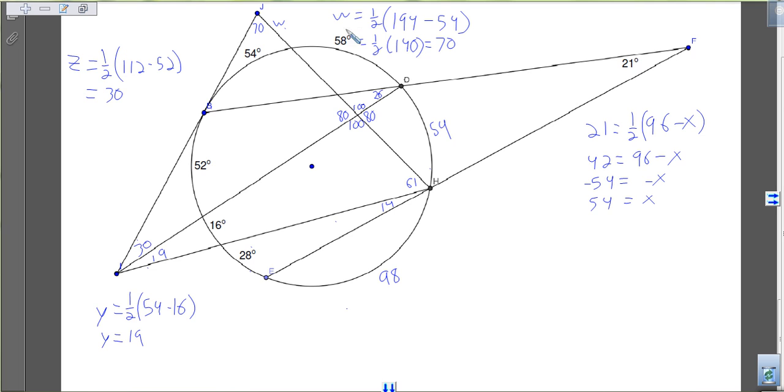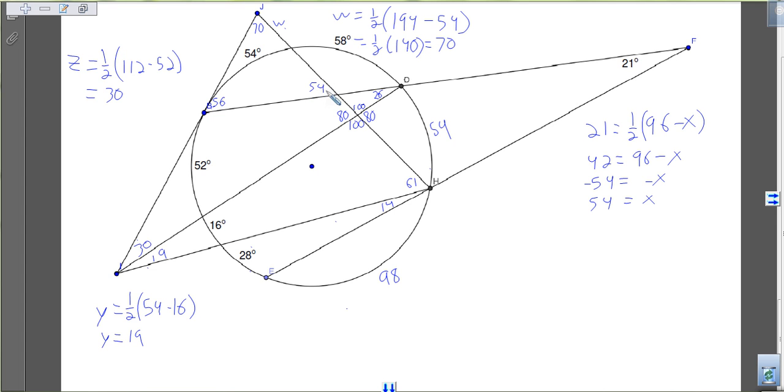Remember, we regard it like it is an inscribed angle. So 54 plus 58 is 112. Half of that is 56. 56 and 70, if I subtract from 180, that is 54.